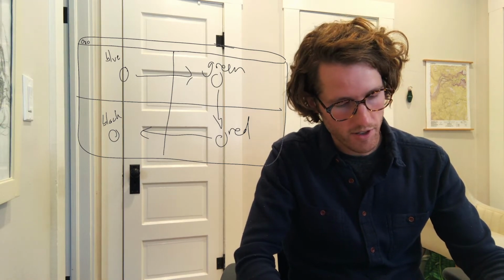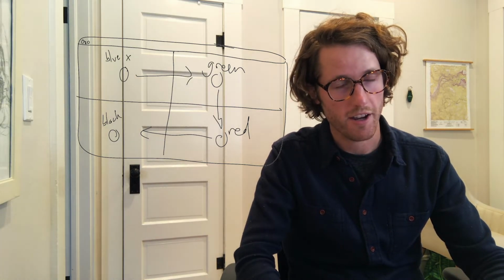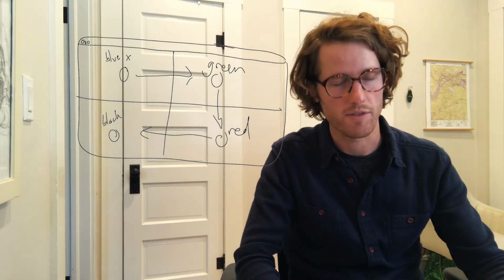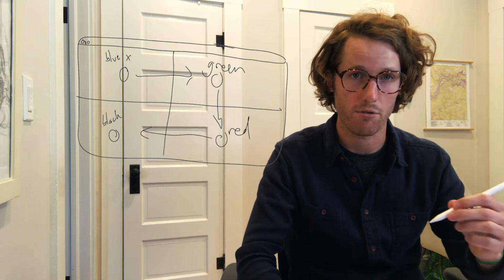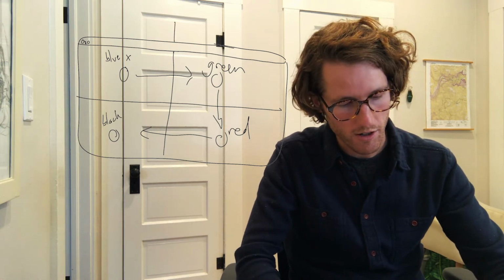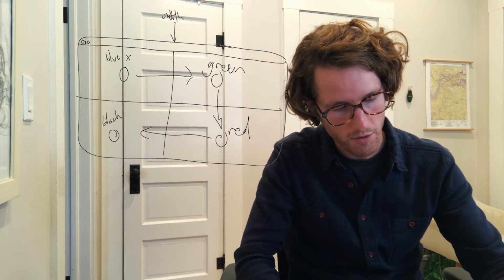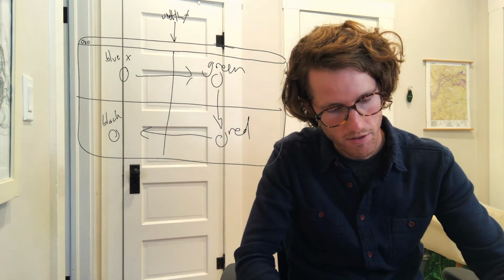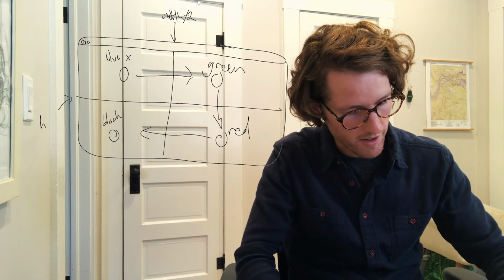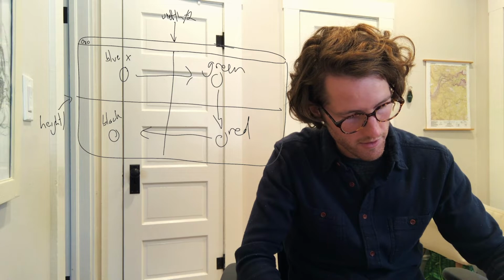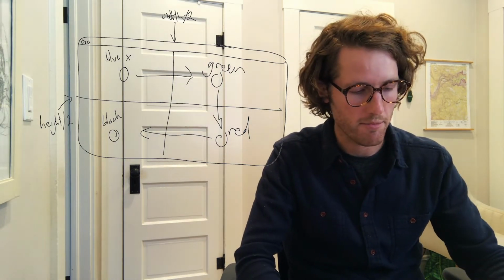We learned last time that we can divide our screen using width divided by 2 and height divided by 2. That tells us what the boundaries are. So here is our width divided by 2, and this is our height divided by 2. This is the boundary that we need to be working in.